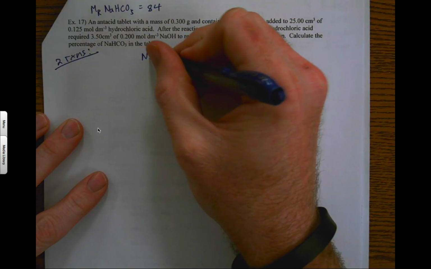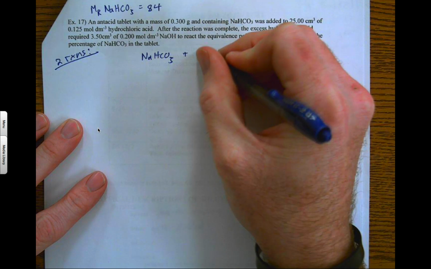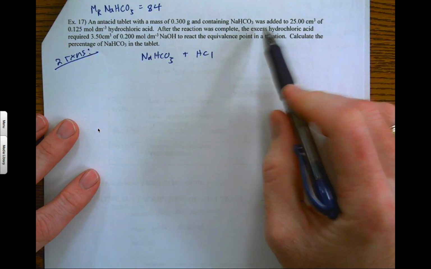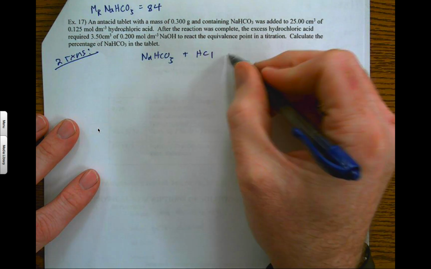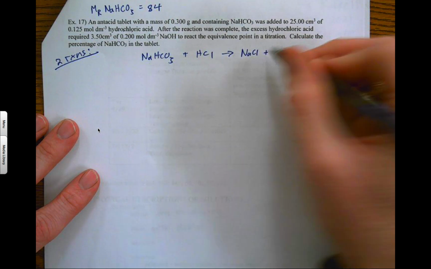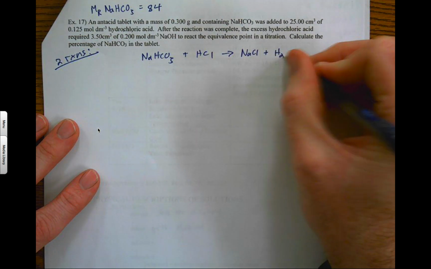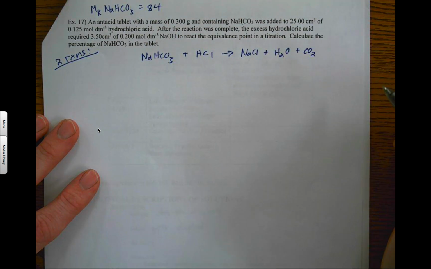You had NaHCO3 and HCl, right? This is the first part. And it made NaCl plus H2O plus CO2, just like the equation before.